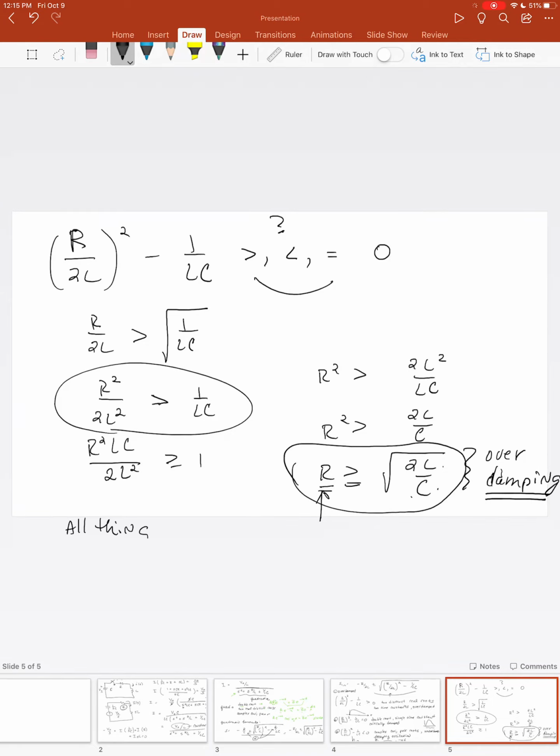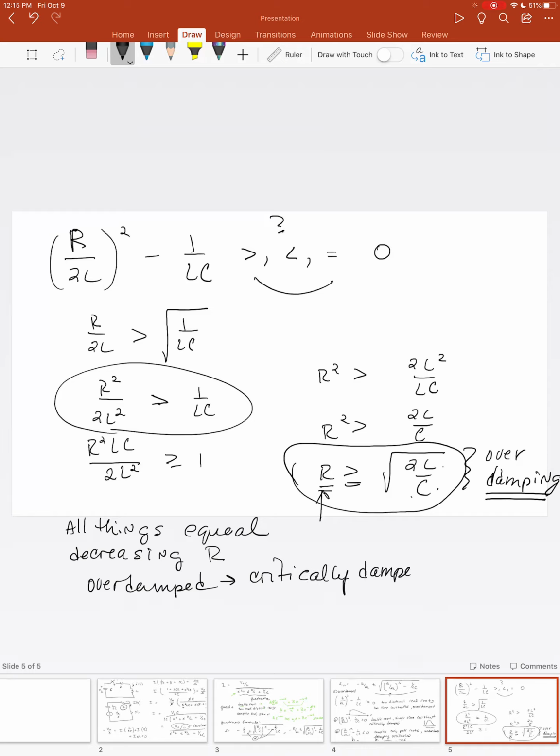So all things equal, decreasing R takes you from overdamped to critically damped to underdamped.